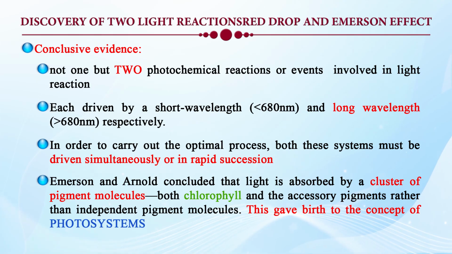So, the independent pigment molecules, as I said, and I gave you the example of a dish antenna of your house, is going to collect the different wavelengths, and then is going to funnel these different excited wavelengths to the main reaction center. So, this concept was giving birth now to the modern idea of photosystems. But then came the idea of quantasomes. At least when this functioning is going on, there has to be a photosynthetic unit.